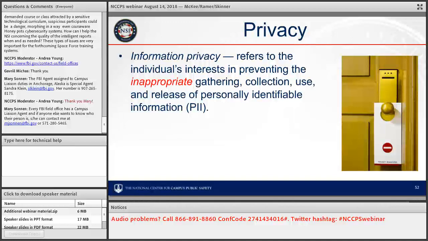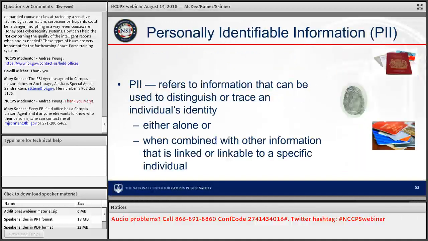The aspect of privacy that we'll be discussing today focuses on the individual's right to control his or her personal information. In particular, his or her ability to prevent the inappropriate gathering, collection, use, and release of his or her personally identifiable information, also known as PII.